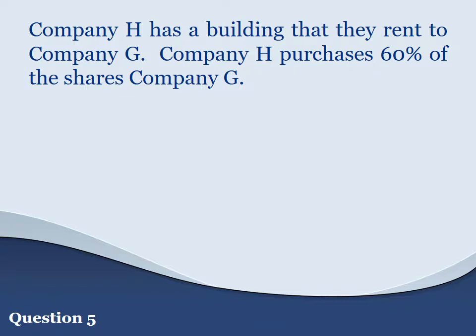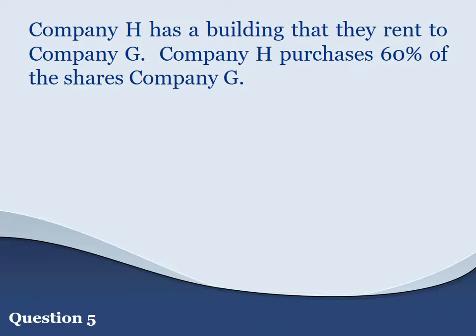The property that has been the subject of this rental agreement is now owner-occupied property. So it changes its classification from being investment property to being owner-occupied property, but only from a consolidation point of view. From Company H's separate financial statements point of view, the property remains investment property.